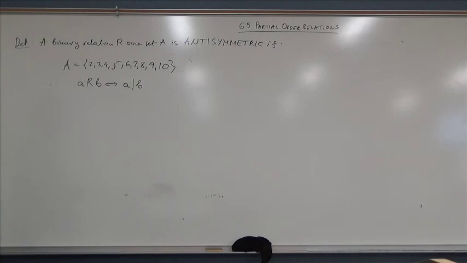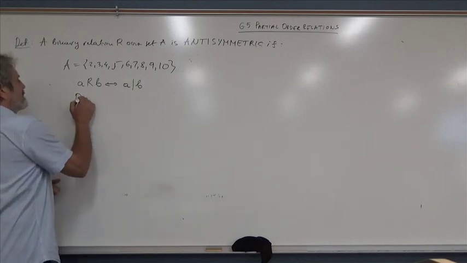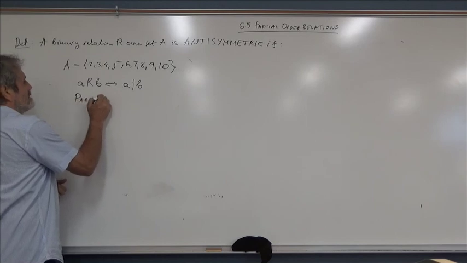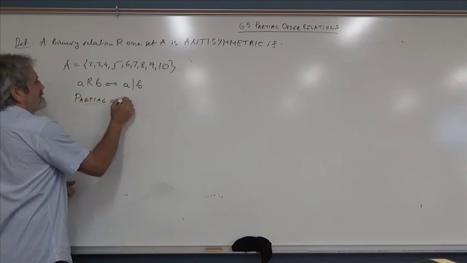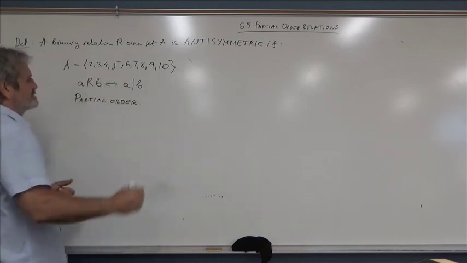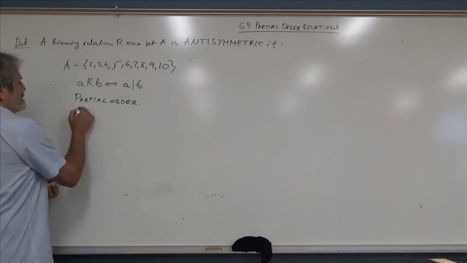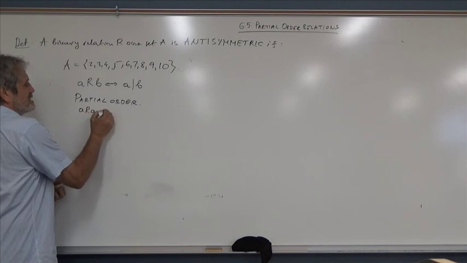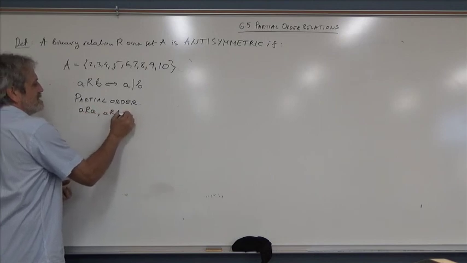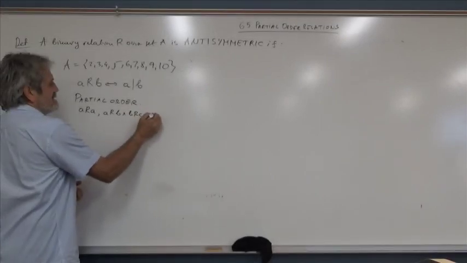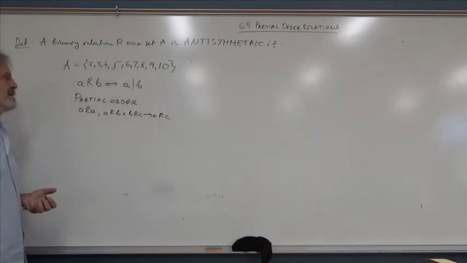And this is a partial order. It's easy to check. Actually, we showed that in one of the earlier chapters. It is reflexive, so every element divides itself. If a divides b and b divides c, then a divides c, and that's also true.